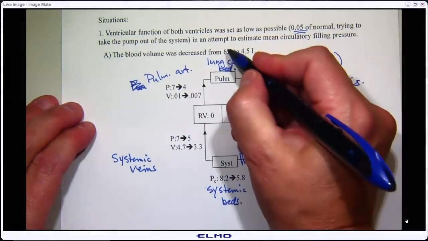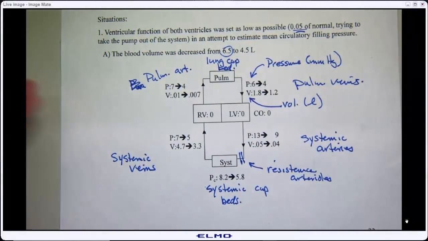And then I had jacked up the volume to 6.5 liters, so this is a little bit more volume than we have in the system, and then I took 2 liters out. Right, just to show you that when you stop the heart, first of all, where does blood settle, right? How much volume settles in each compartment, because that tells us a little bit about the nature of that compartment, right?